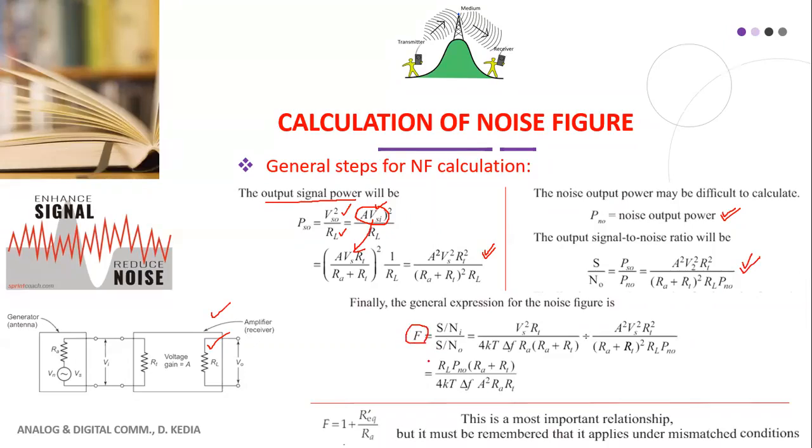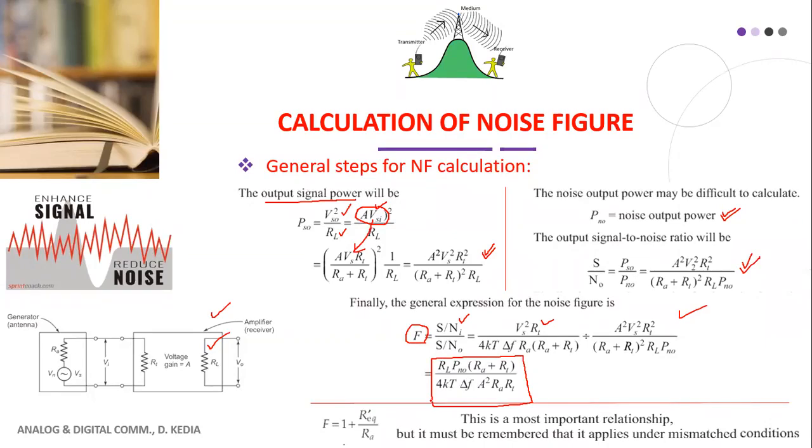So noise figure is input signal to noise ratio by output signal to noise ratio. We substitute all the values here, and finally this is what we get as the noise figure. Fine. So this is how we calculate our noise figure.